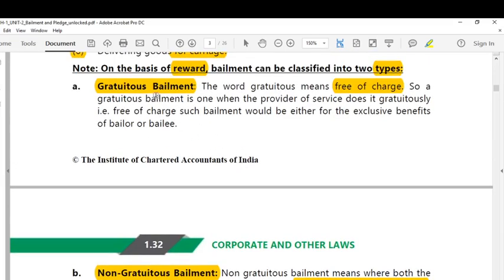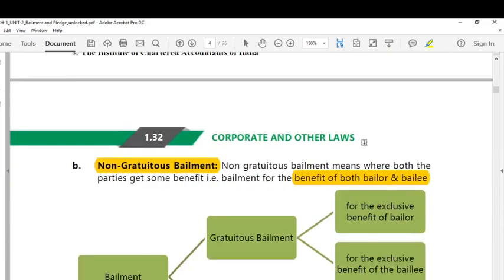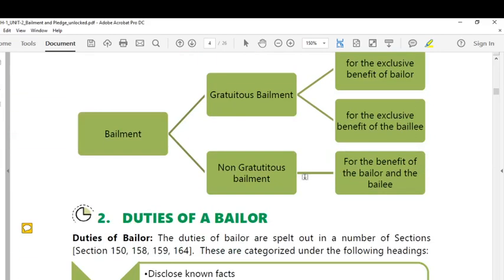In case of a gratuitous bailment, it is free of charge, and the bailment would be for the exclusive benefit of either the bailor or the bailee. Here the benefit will be there for both bailor and bailee. That is called a non-gratuitous bailment.